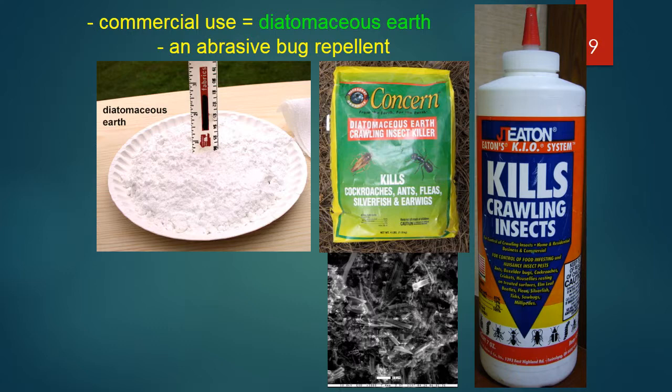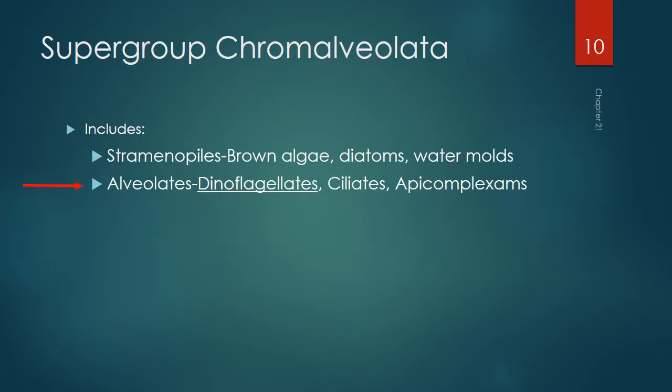It is a bug repellent because it's abrasive, so the diatoms act as an insect killer by pulling oils out of an insect's exoskeleton, which dries them out. And the abrasiveness of the cell walls, because they're made of silica, speeds up that process. So it essentially kills the insects by drying them out. It kind of acts as a desiccant. So that's diatomaceous earth.